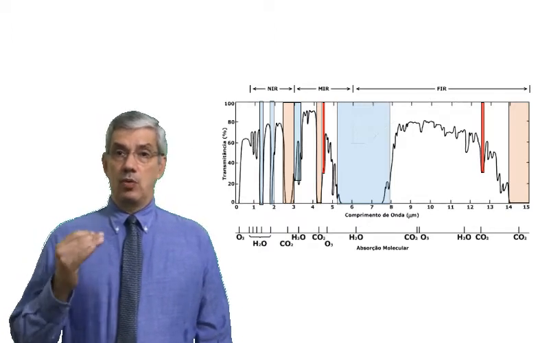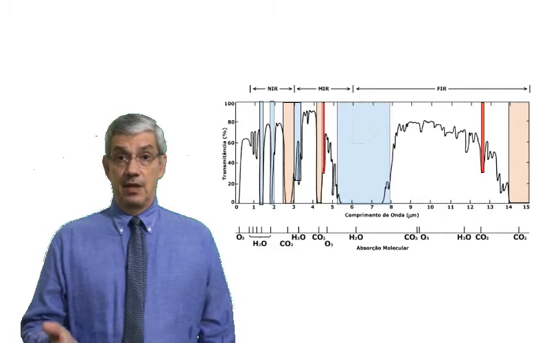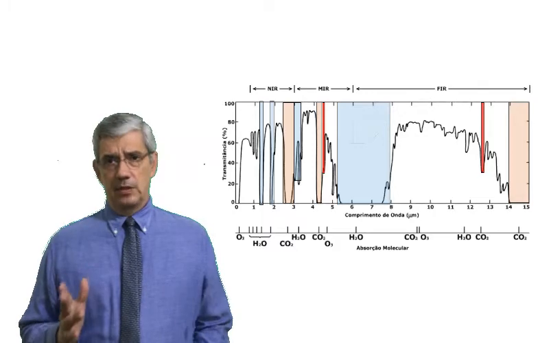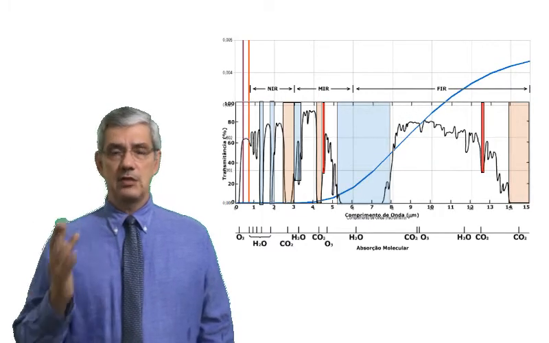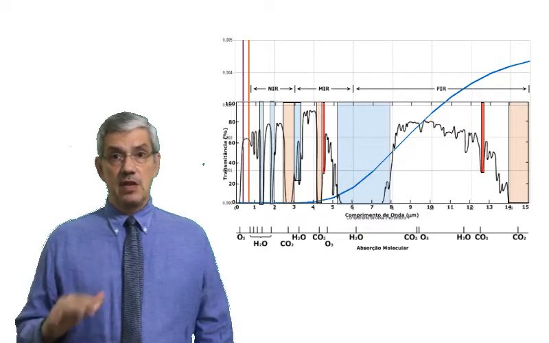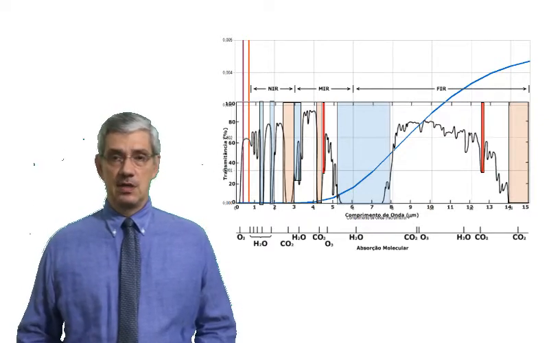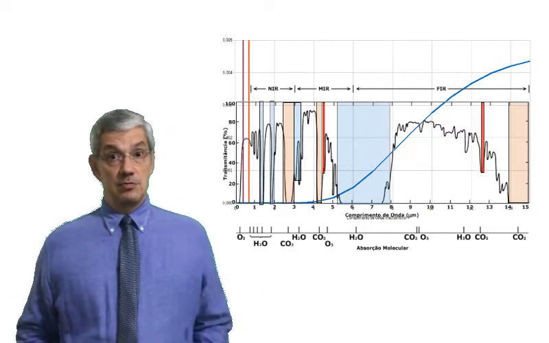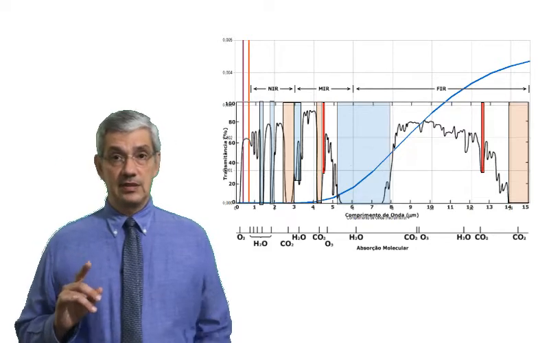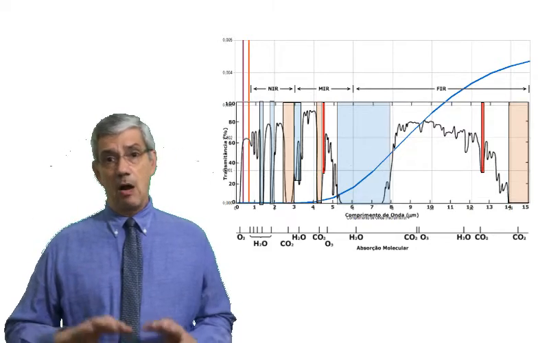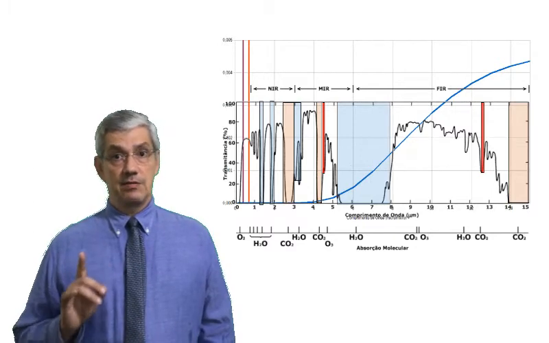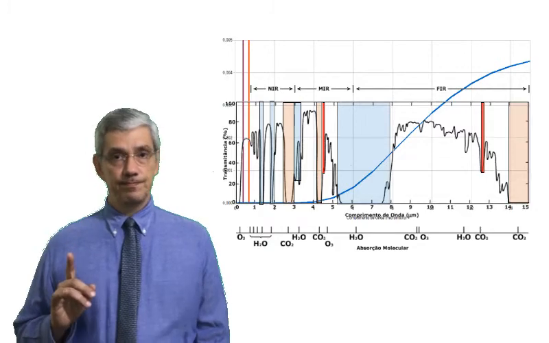Now, we will superimpose this graph onto the graph of emission of a black body at a temperature of 20 degrees. 20 degrees is considered the mean temperature of Earth's surface. If you think this temperature is strange, you must remember that this takes into account all of Earth's surface, and 70% of Earth's surface is ocean.